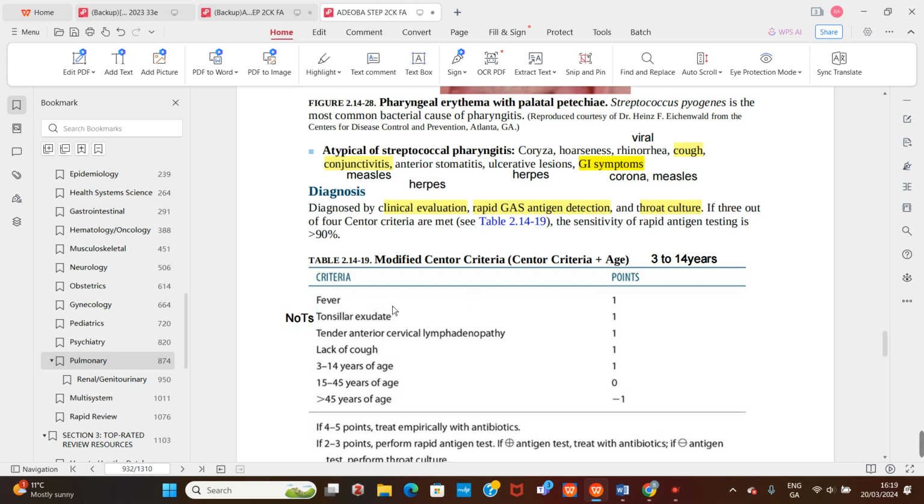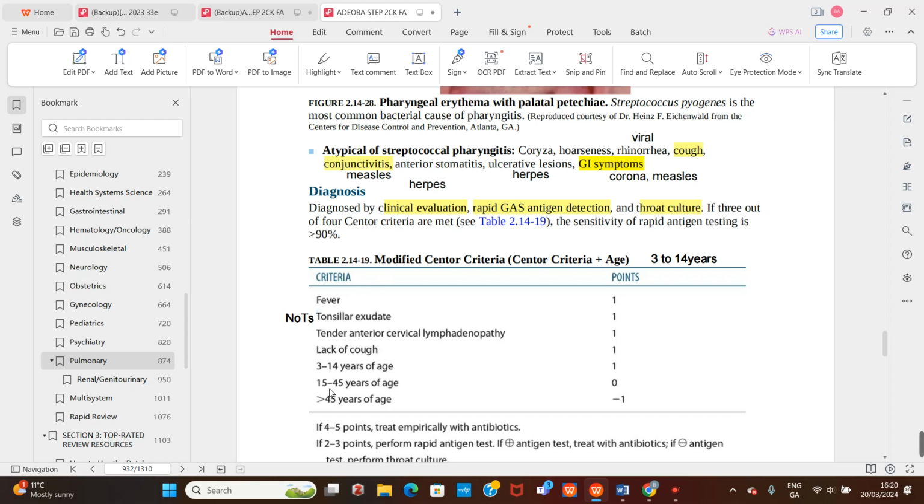Temperature greater than 38, that's a fever, tonsillar exudate, and tender anterior cervical lymphadenopathy. So: no cough, fever of 38, tonsillar exudate, tender anterior cervical adenopathy, and the age group 3 to 14 years. This is the entire 5 points that you need to remember.